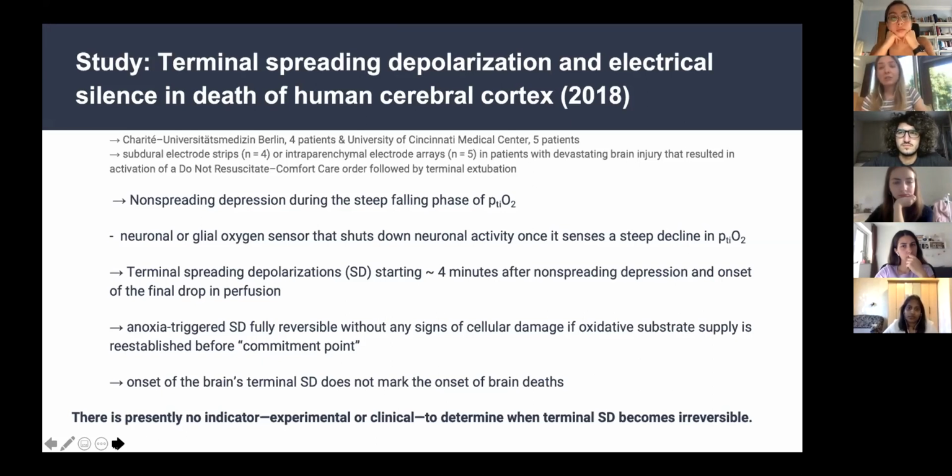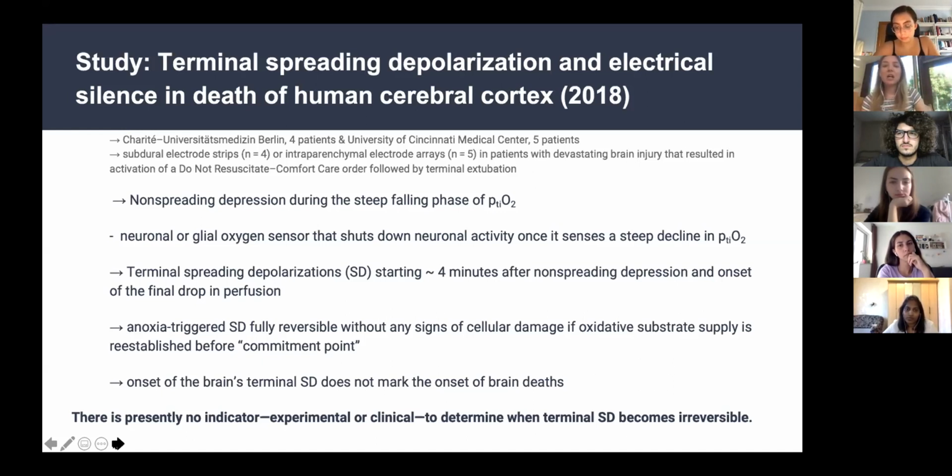However, anoxia-triggered SD, so spreading depolarization, was fully reversible without any signs of cellular damage if oxidative substrate supply is reestablished before a certain commitment point, this commitment point being defined as the time when neurons start dying under persistent depolarization. And the delay between SD onset and the commitment point can actually range from a few minutes to over 10 minutes, depending on many different variables.